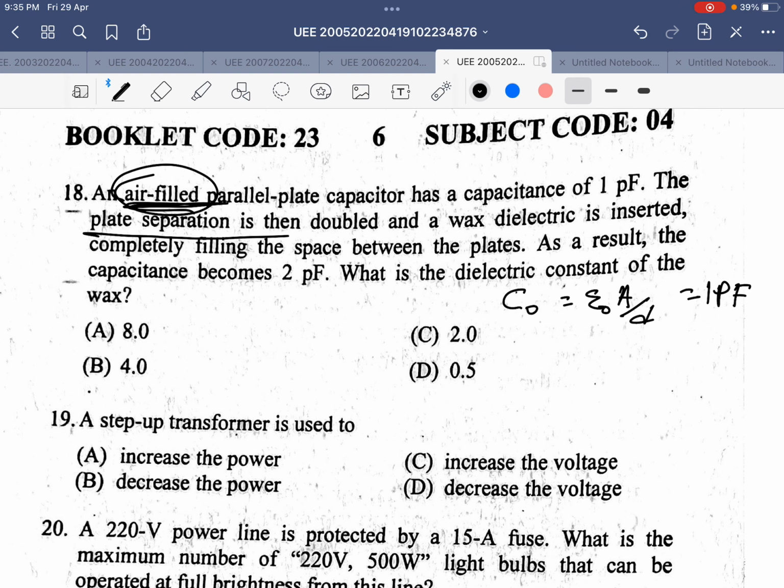The plate separation is then doubled. D2 is equal to twice D. Then a wax dielectric is inserted, completely filling the space between the plates. As a result, the capacitance becomes 2 picofarad.